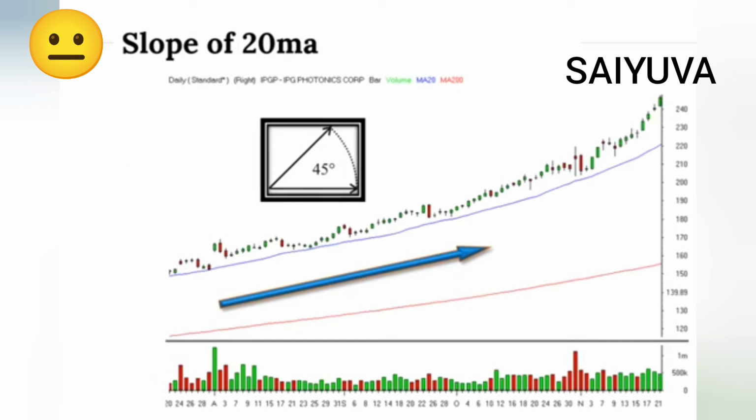Now we're going to talk about the slope of the 20 MA. The slope or angle of the 20 MA is indicative of the strength or weakness of the underlying stock. Okay? The slope is indicative of how strong or weak the stock is.